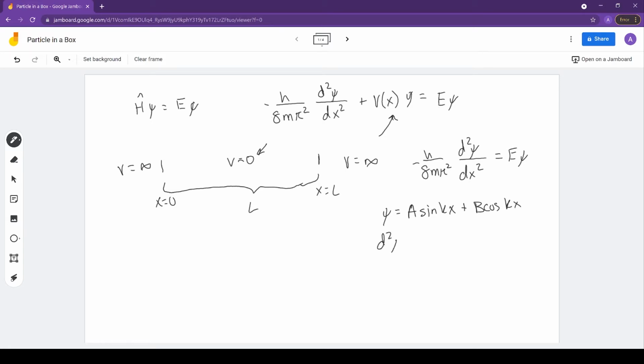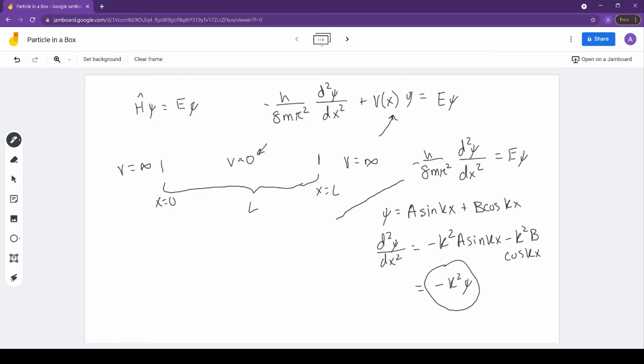If we take the second derivative, we'll end up getting that this equals negative k squared a times sine kx minus k squared b times cosine kx. And this also just equals minus k squared times the function itself. So you can see how the second derivative is basically just a multiple of the function itself. Now we can plug this equation for the second derivative back into our Schrödinger equation.